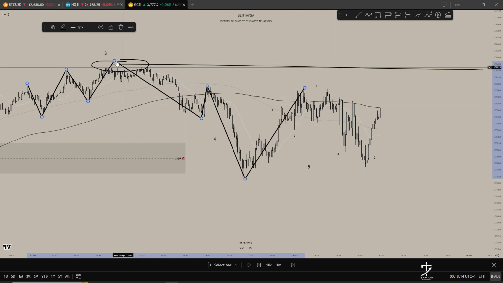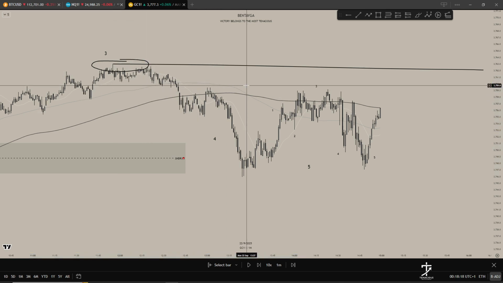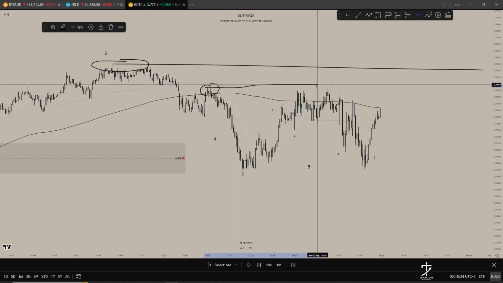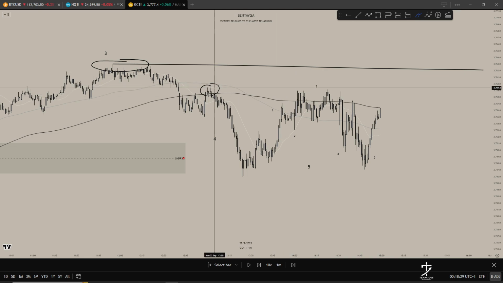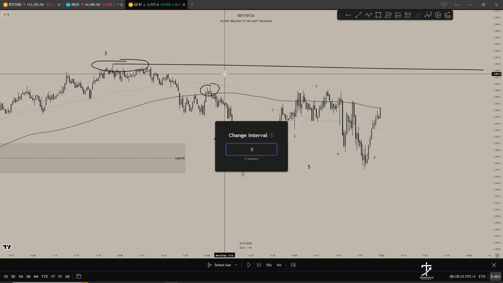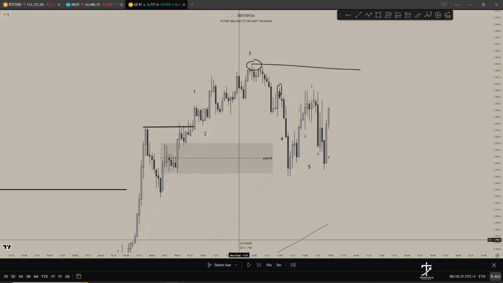So technically, we need to take out this high here based on my 1 minute time frame. We need to get above the SMAs as well, and then I can start looking for potential longs based off my 1 minute time frame. If I'm using my 5 minute, then I'm already potentially in this trade.